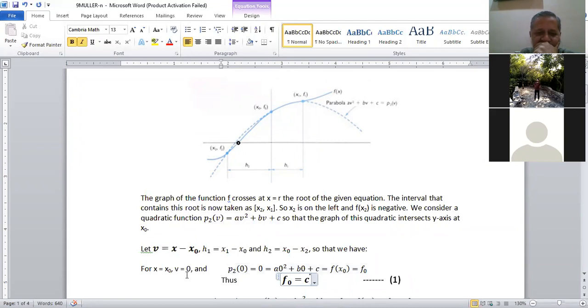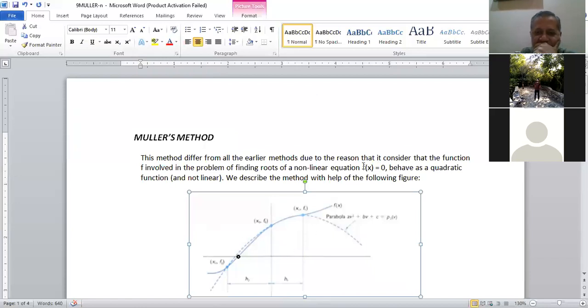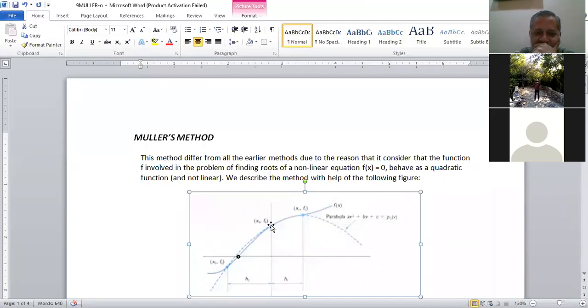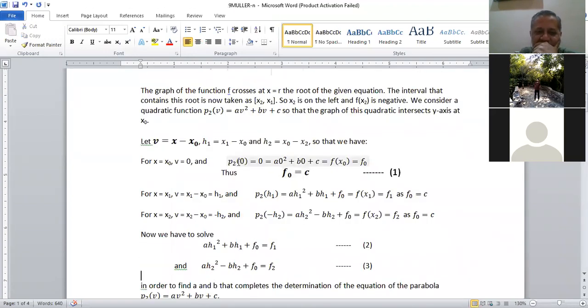Now x is equal to x naught अगर हम ओरिजिनल इक्वेशन में रखें, तो f of x naught will be called f naught, the value of the function at x naught. और इस पॉइंट पे हम कहते हैं कि वैल्यू ऑफ द फंक्शन एट x naught जो भी है, that we will be calling f of x naught, and according to the parabolic equation this value is c, because at x is equal to x naught, v is equal to 0.